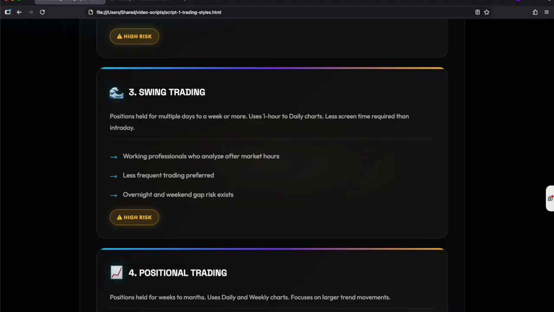This is good for working professionals who analyze after market hours and those who prefer less frequent trading. Here you're keeping the position overnight, so overnight and weekend gap risk exists, and it's still considered a high risk approach, popular in trading education content.